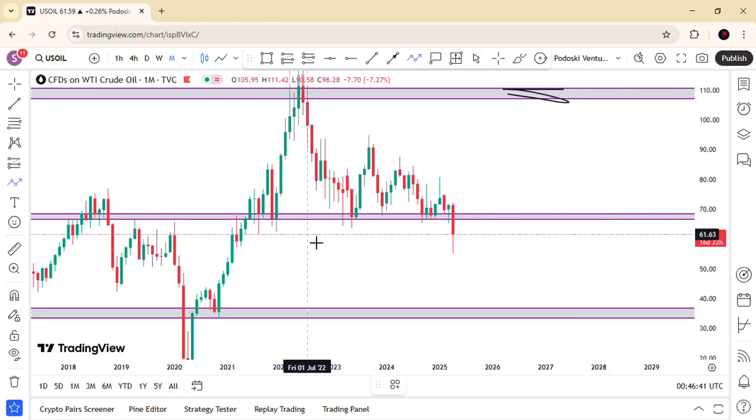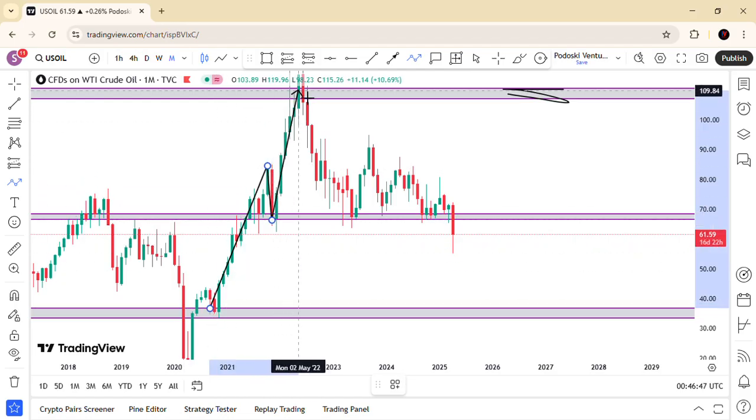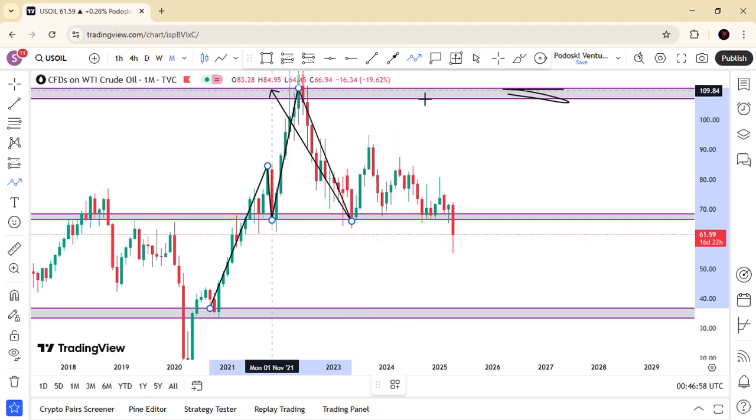Here is the downtrend. First, price was in an uptrend: higher high, higher low, higher high, and higher low. After the higher low, we were expecting to see a new high breaking above the previous high. But price failed to do that.